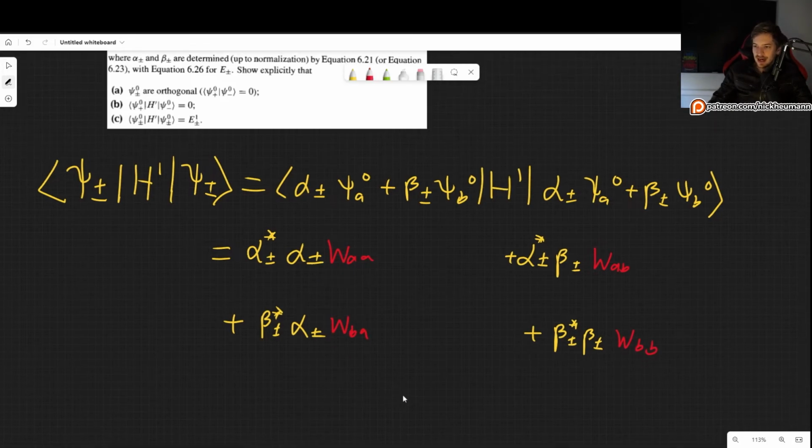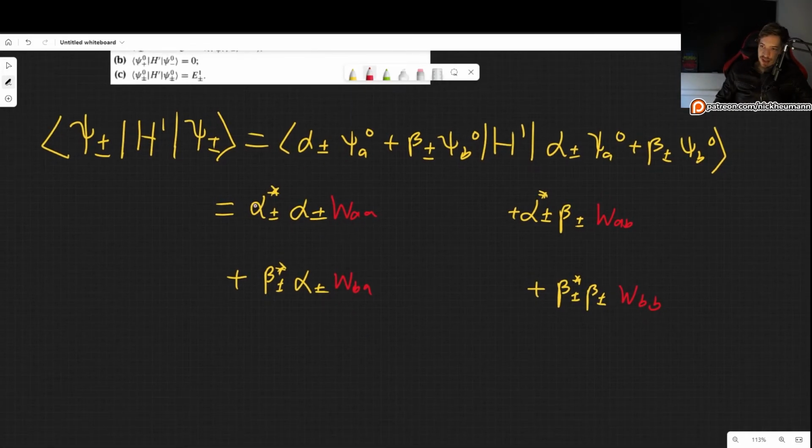Okay, now notice there is something else. We have alpha plus conjugate alpha plus, or alpha minus conjugate alpha minus. So this thing right here is the modulus of alpha plus minus squared. And the same thing here with the beta. This is the modulus of beta, both for the plus and the minus case, squared.